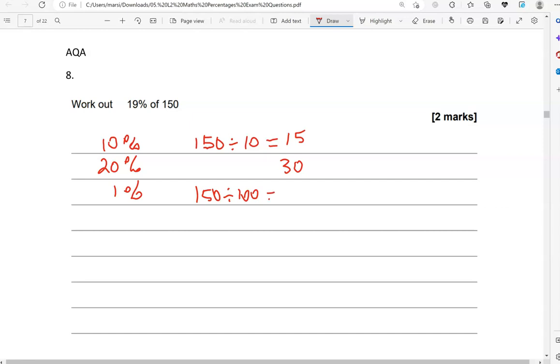So 150, you can imagine the decimal point being right at the end. 2 places means we get the decimal point here. So we get 1.50 or 1.5. That's the same thing. So if I take away 1.5 now, which is equal to 1%, from the 30, which is equal to 20%, that should give me 19%.